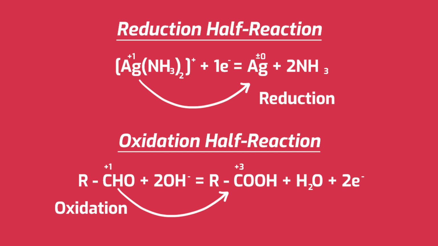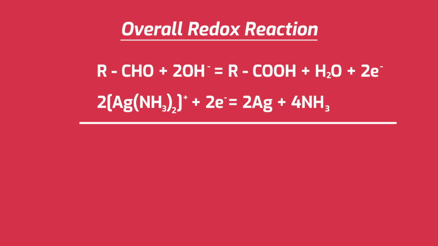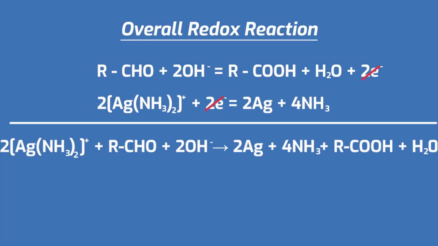Now the overall redox reaction is when we combine them together, and we have to double the reduction half of the reaction to get the right number of electrons. Cancel the electrons, combine them together, and we get a perfectly balanced redox reaction. And if you actually apply this in a lab or something, then you will get pure silver out of it. As you can see in the equation, we get pure silver out and the other waste products.